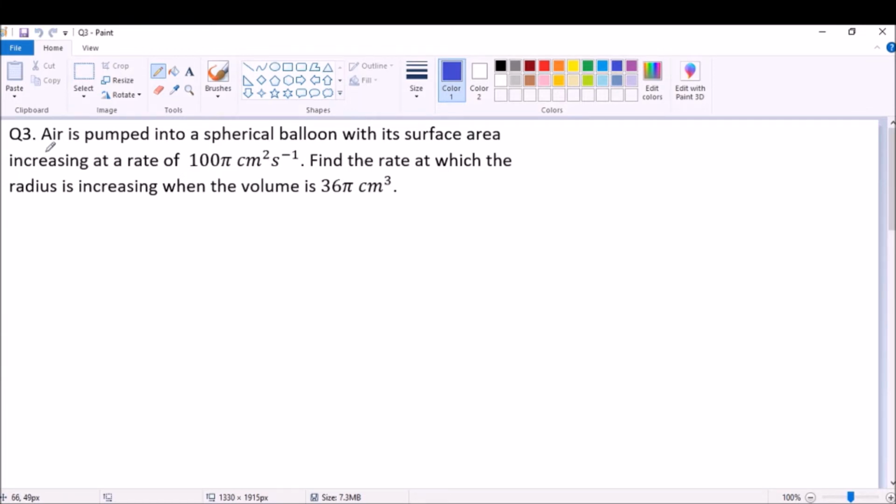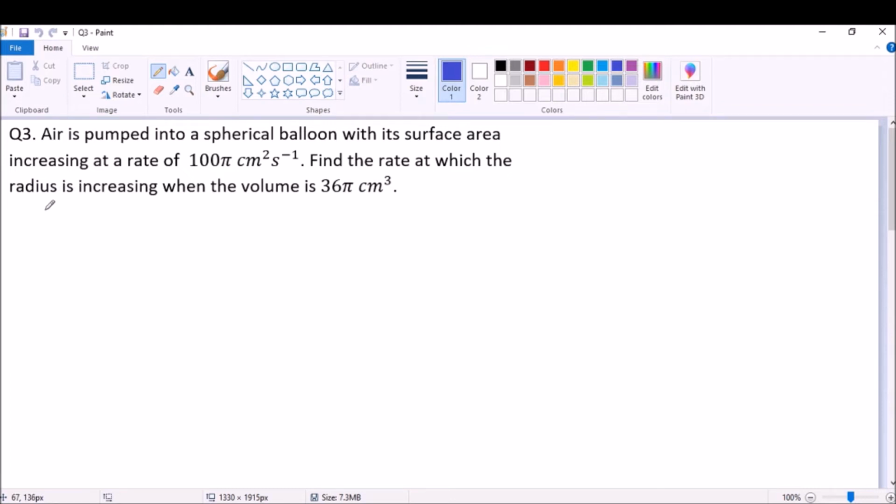Question 3. Air is pumped into a spherical balloon with its surface area increasing at the rate of 100 pi cm squared per second. Find the rate at which the radius is increasing when the volume is 36 pi cm cubed.